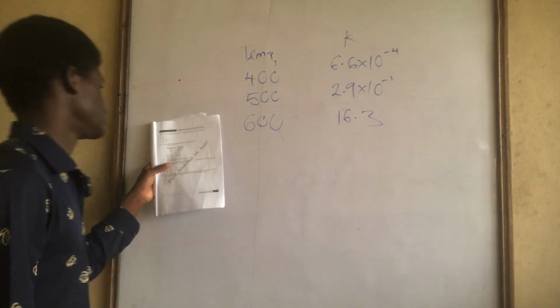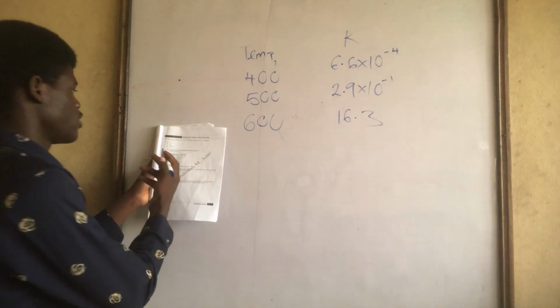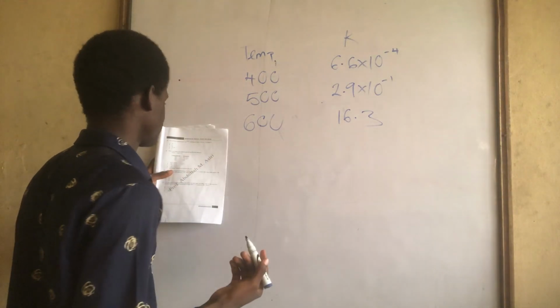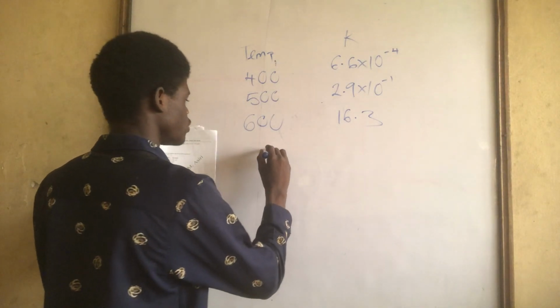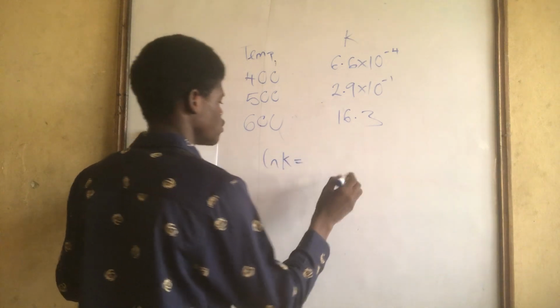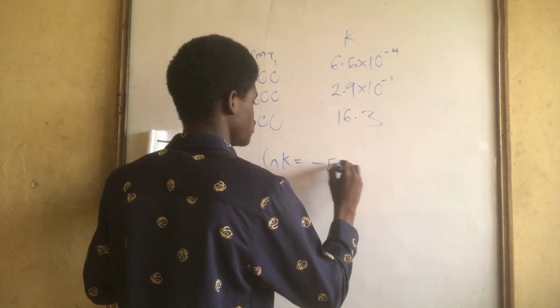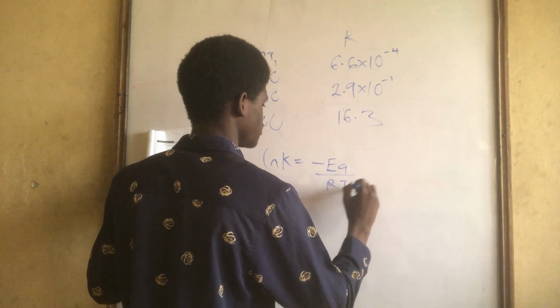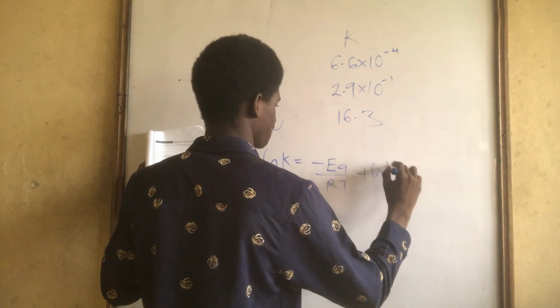Then they said we should find the slope of an Arrhenius plot. You know, from this equation, ln K is equal to minus EA over RT plus ln A.